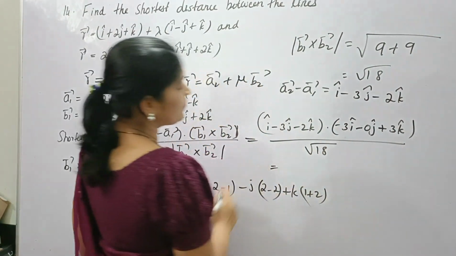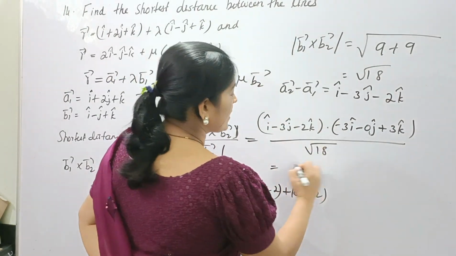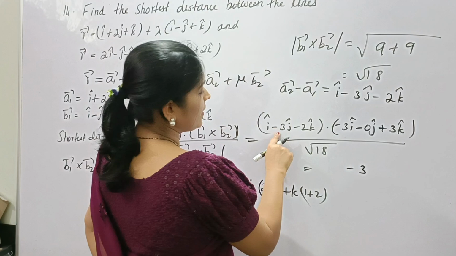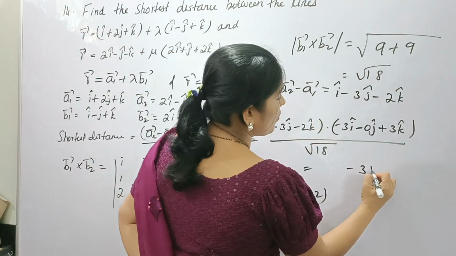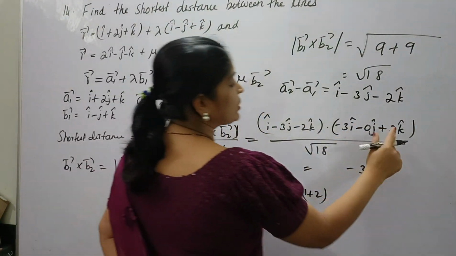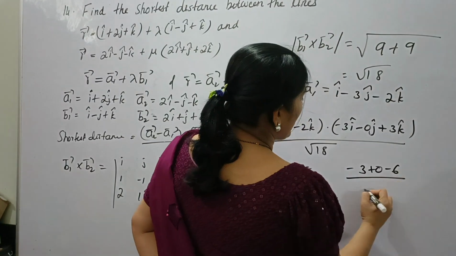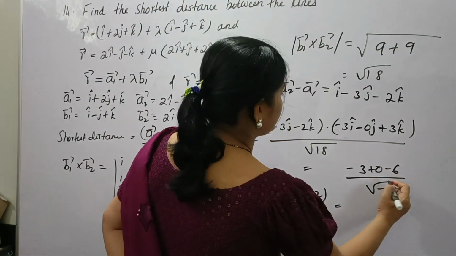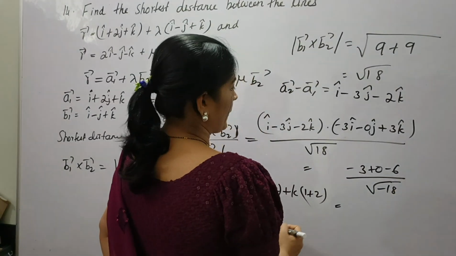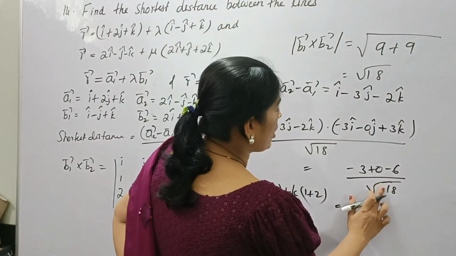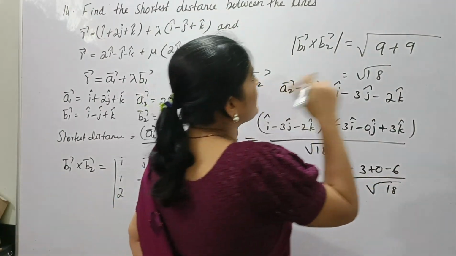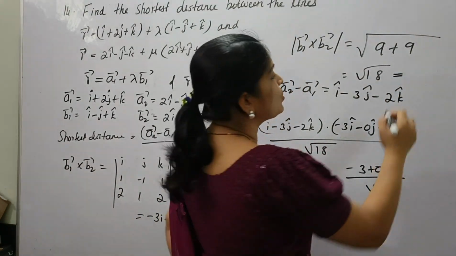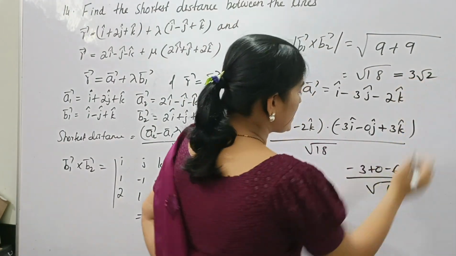Okay, that is equal to 1 into minus 3, minus 3 into 0 is 0, minus 2 into 3 is minus 6, divided by root 18. See, this root 18 can be written as square root of 9 into 2, therefore 3 root 2, right?